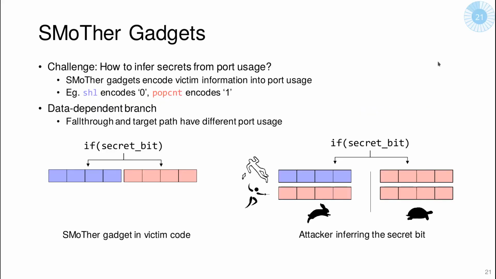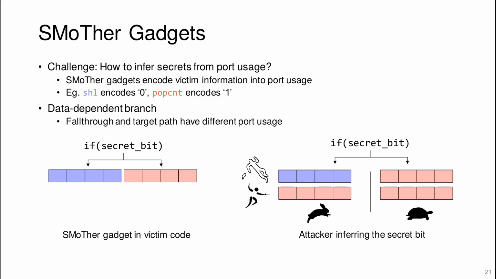So how can we use SMOTher in the context of speculative execution attacks as a Spectre side channel? The solution is relatively simple. So the idea is we find in the victim code a conditional branch that depends on a secret.